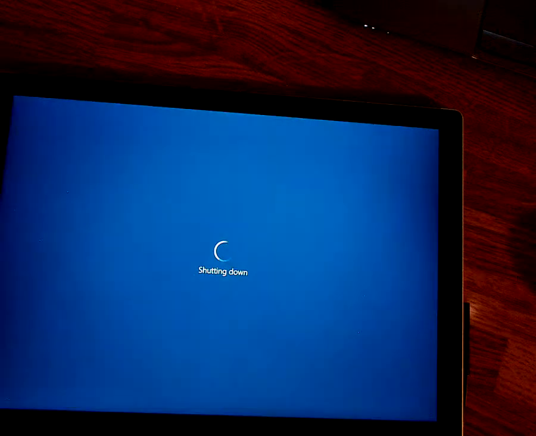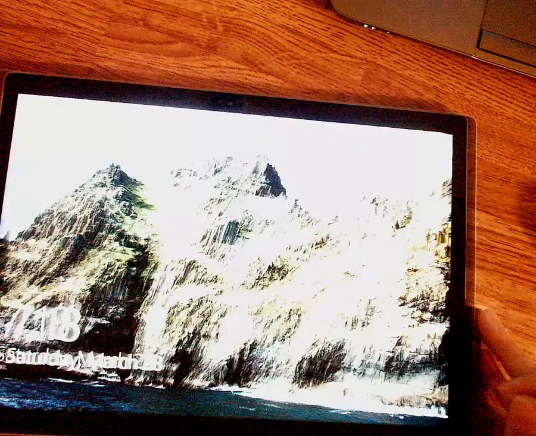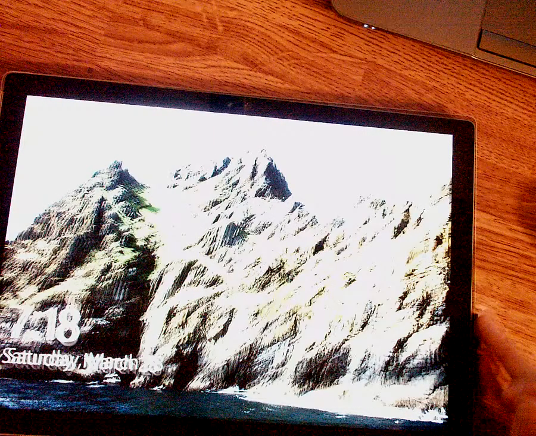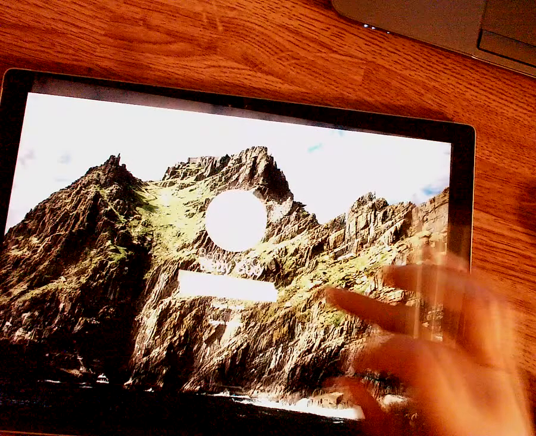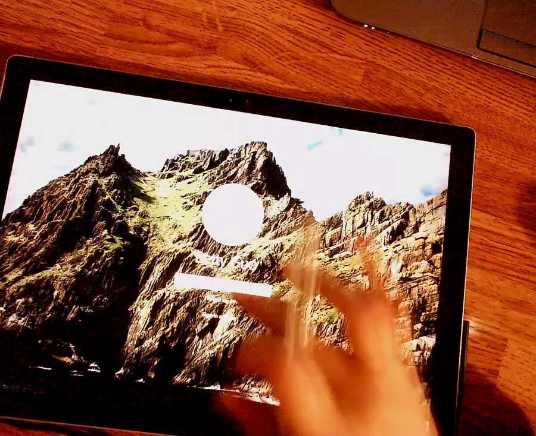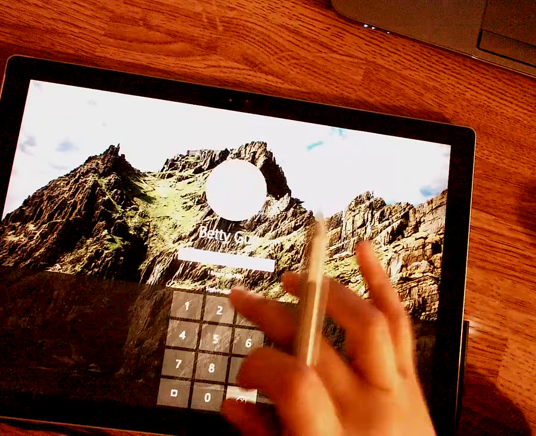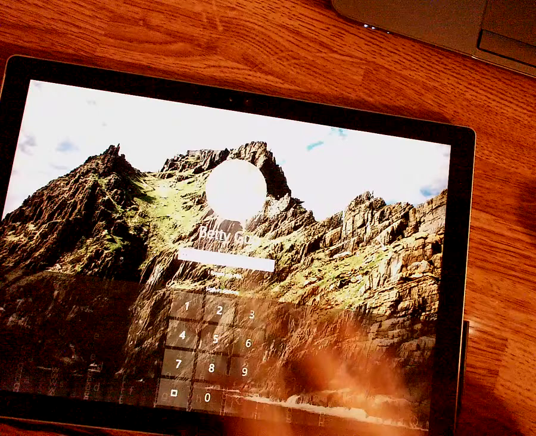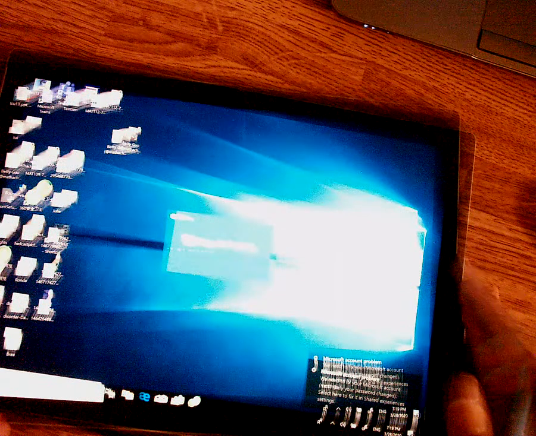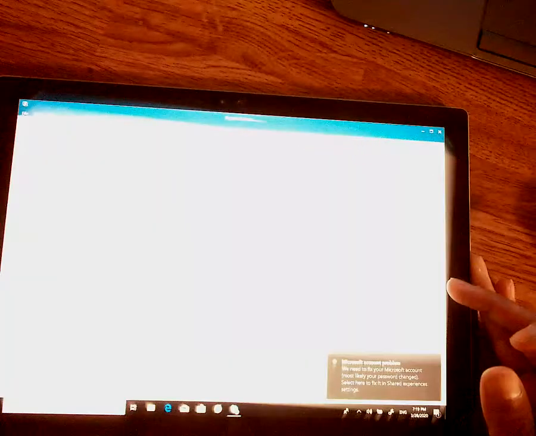Sometimes if I use the Surface for too long, like hours, it starts to give me some problems. The Surface is very hot right now. So let me restart it. I feel like the internet is not working very well now.